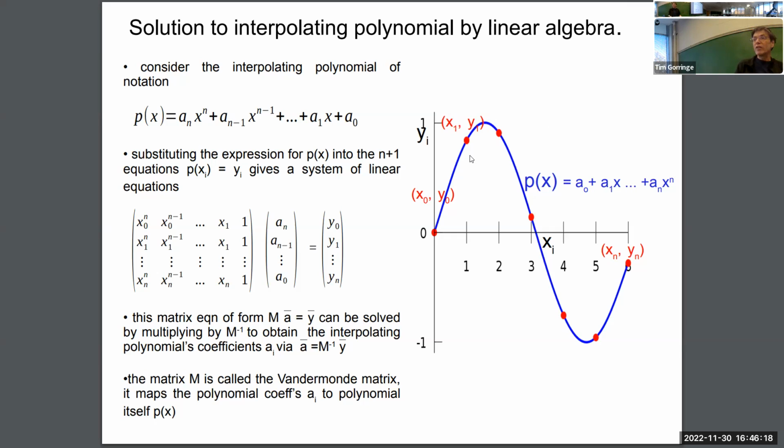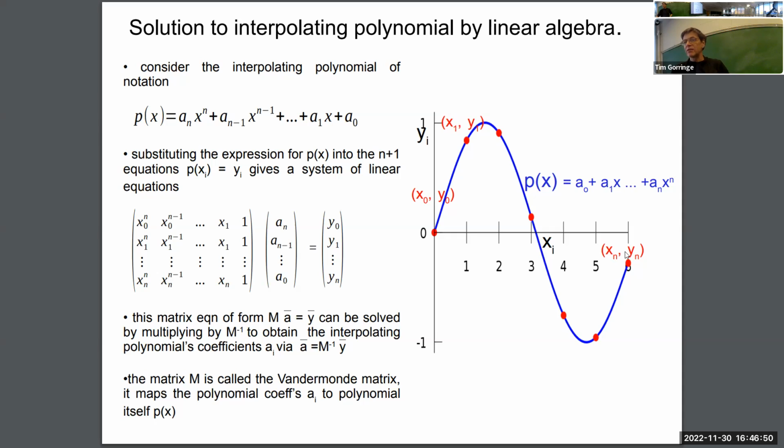Those 7 equations you can write more compactly as a matrix vector equation, which is what I've written down here. So that set of 7 linear equations you can write out like this. This matrix here contains in the columns the various powers of x from x to the n.